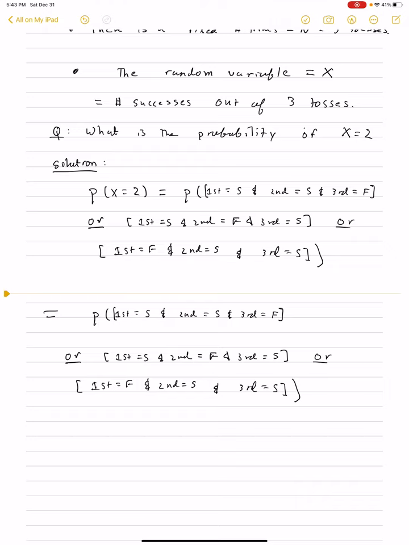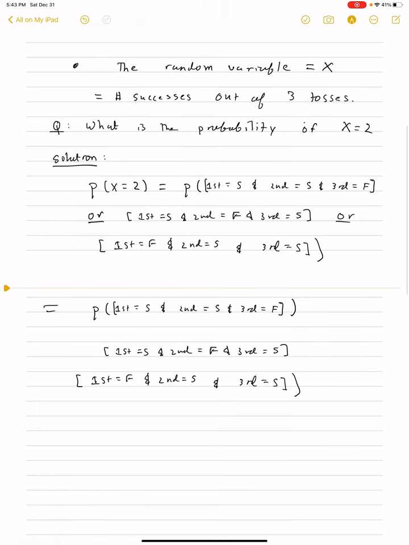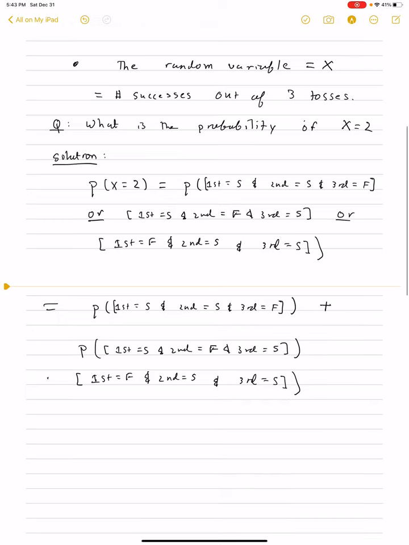So this is equal to probability of this outcome. Now I'm going to erase the OR event here, and because we discussed the ORs are disjoint, I'm going to take probability of each of these and add them.